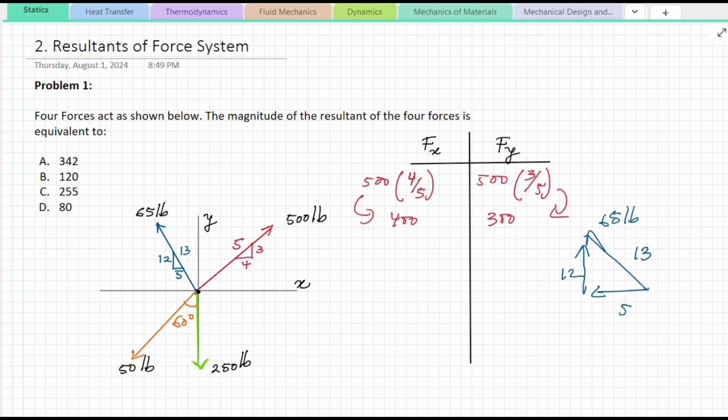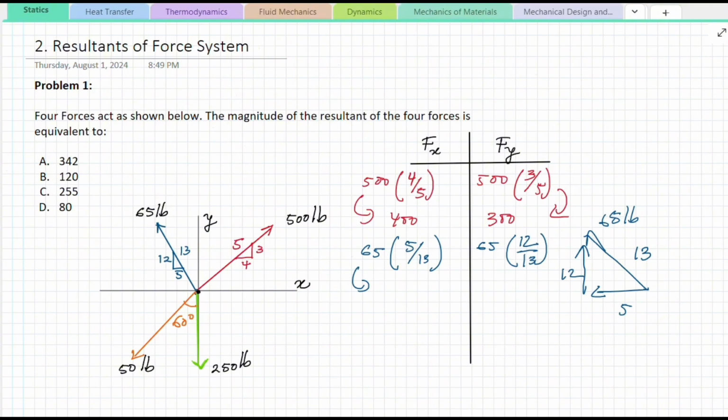In order to find the x component, same thing, we use 65 times the adjacent side, since it's parallel to the x-axis, over 13, the hypotenuse. For the y component of that force, it will be 65 times the opposite side, 12, over the hypotenuse, 13. Once again, we double-check our signs.